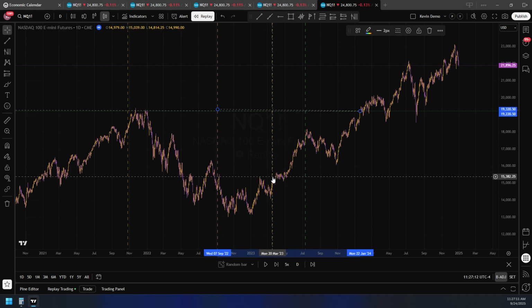Even in the beginning of this, we're still sideways. And then manipulation and distribution are both directional times. We were going down, so this is kind of like the flip. We're going up.